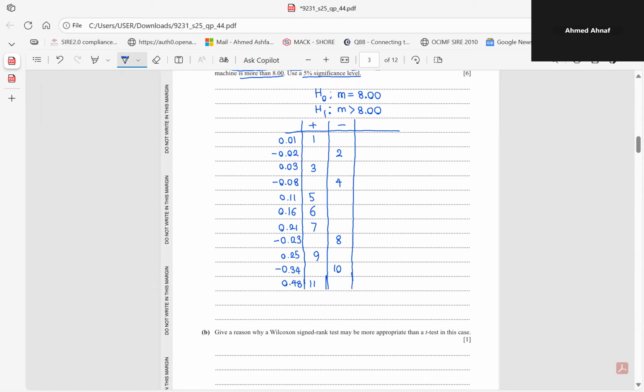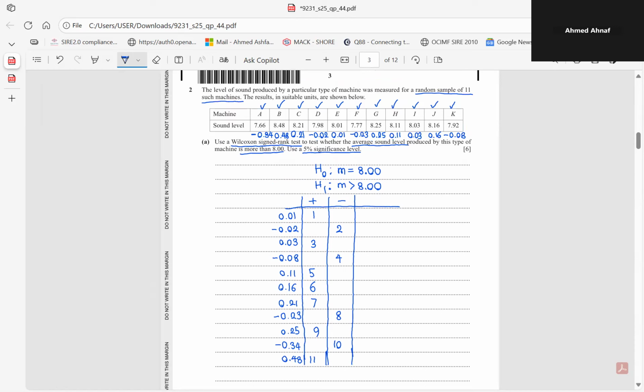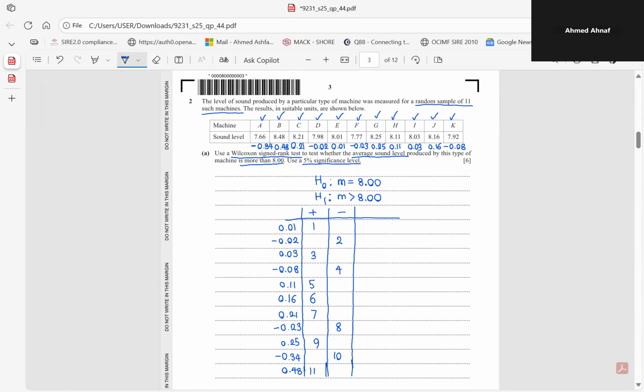As you can see, the highest rank number is 11, which is right because the sample size is 11.